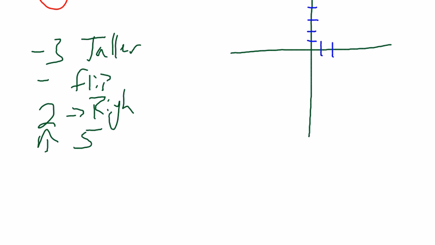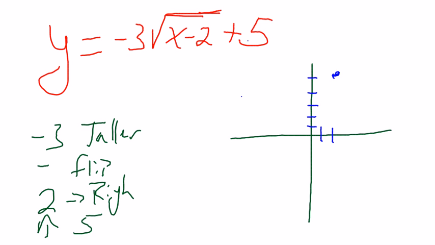So that's where my dot's going to go, at (2, 5). And now I know it's a little bit taller, I'll just make it taller, and since I know it's flipped, instead of starting there, it's going to start up here and go there, so it's just going to go the opposite way. So that's what it's going to look like.